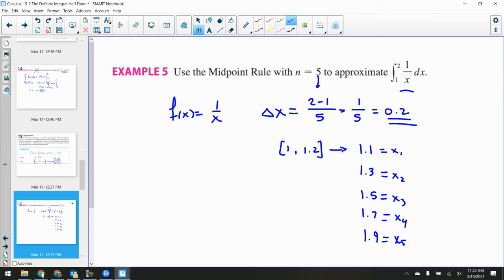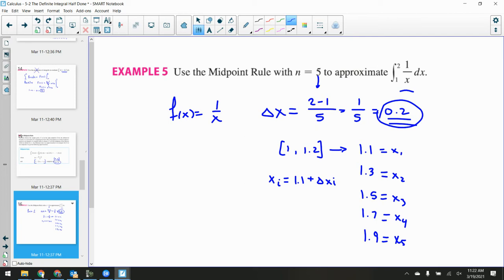Now, how am I getting those? I'm just taking these delta x's and just keep adding them on. So really, if you wanted xi other than 1, you would just be taking your initial value, 1.1 plus delta x times i, right? So that'll give you 2, then 3, then 4, then 5. You kind of have to reason it through for your first one, and then just take that 1.1, and then just keep adding on iterations of delta x.